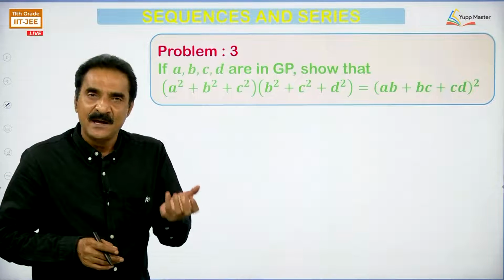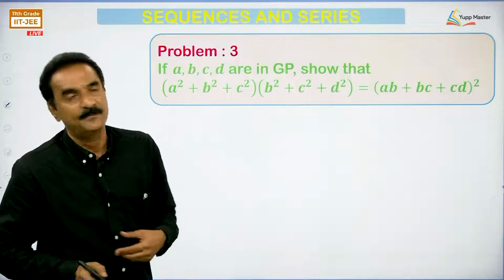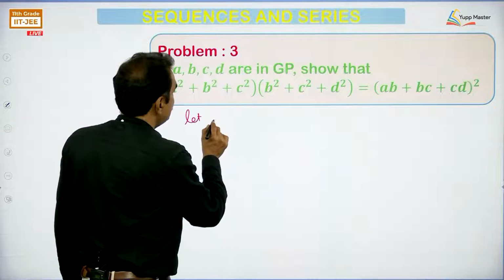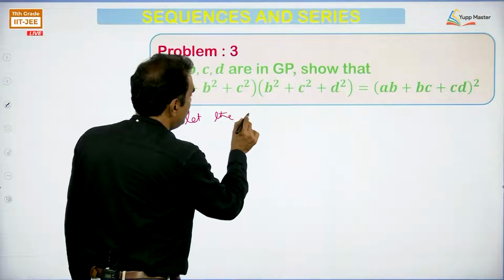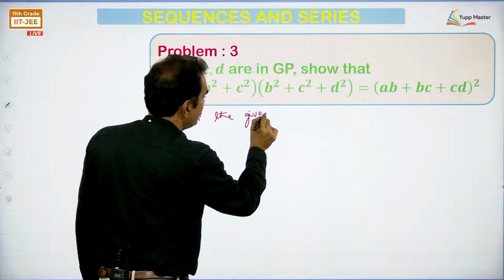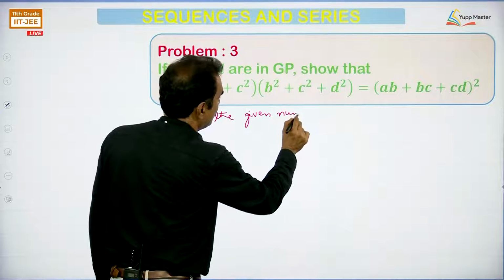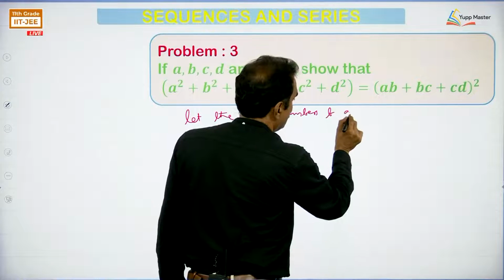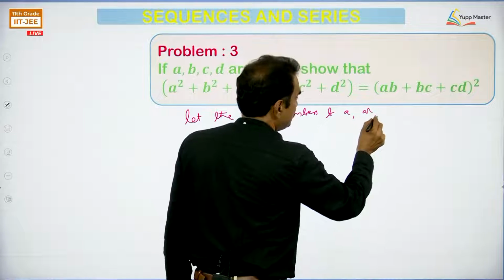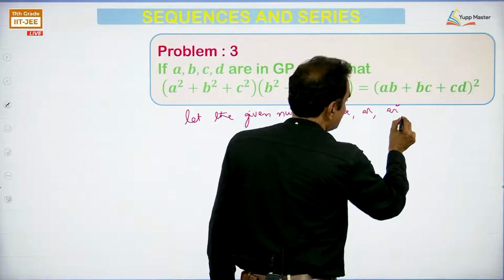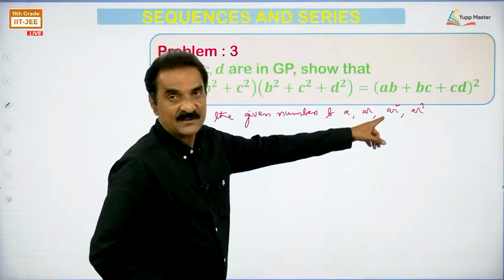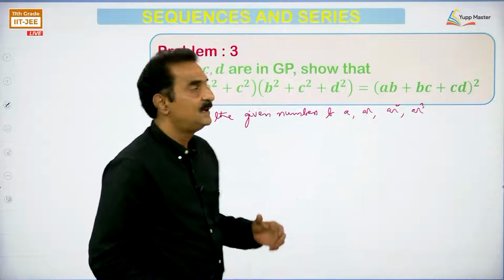What is it? a, ar, ar square, ar cube. So let the given numbers be a, ar, ar square, ar cube. That means b is ar, c is ar square, d is ar cube.